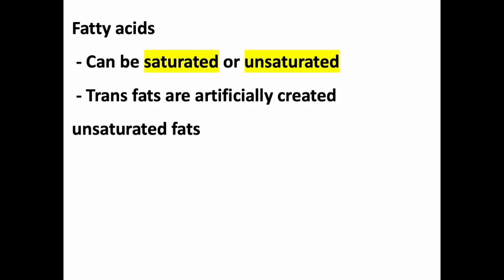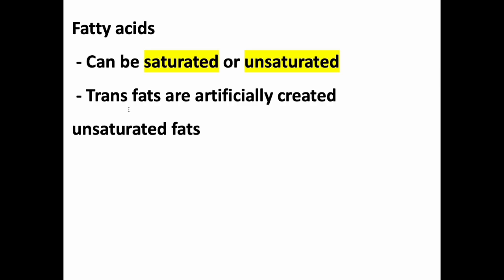Now, there's another type of fatty acid here that you may have heard of if you're keyed into nutrition at all, and these are trans fats or trans fatty acids. Trans fats are technically unsaturated fats. I'll show an image of this in just a second, but they're artificially created. Trans fats do not exist in nature.